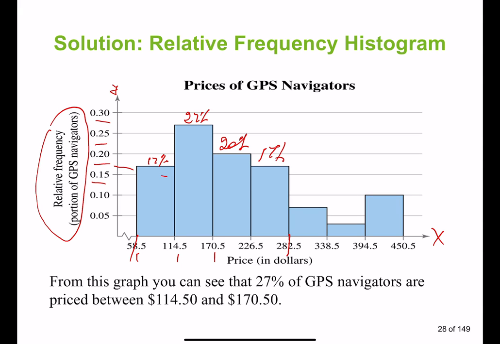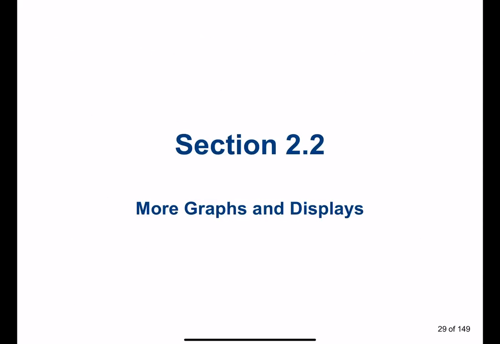So if we calculate how many percent in total, it's more than 50%. 17 times 2, here it is 17 and 17, 34. With this 20 it will be 54, and with 27, it will be 81%. So more than 50% is between price 58.5 and 282.5, because this is the boundary of the selling prices. Okay. All right.